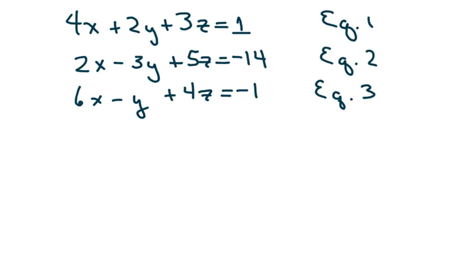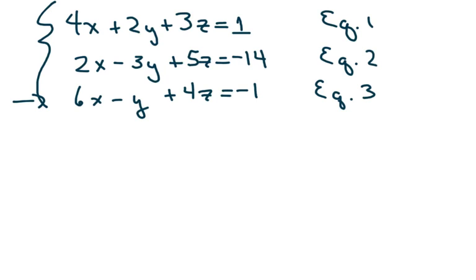We have a system of 3 variable equations, and what I want to do is eliminate one of the variables in both equations. So basically what I want to do is eliminate my y. So the first thing I'm going to do is take my third equation here and multiply it by 2.